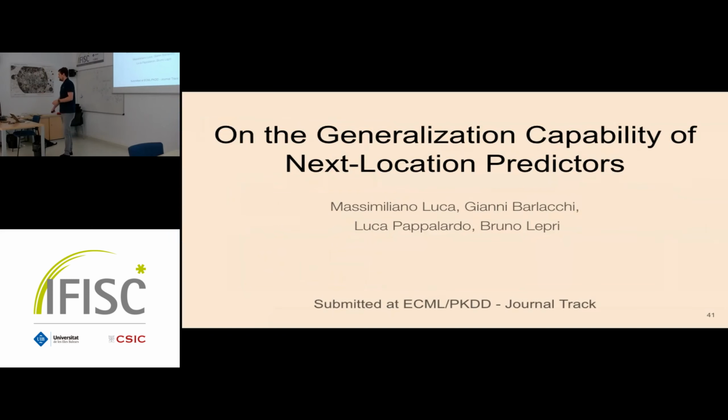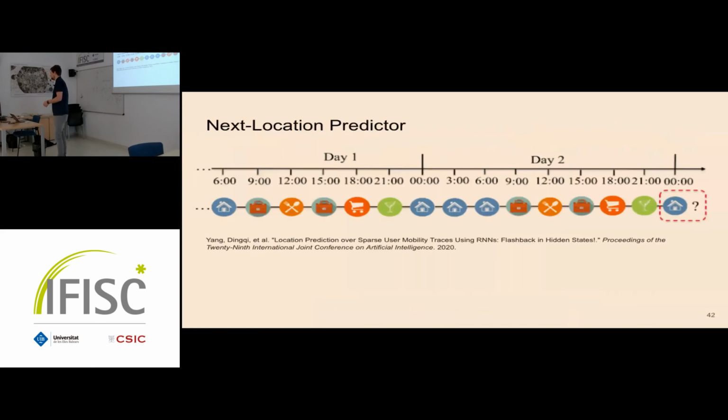There is this paper that we submitted to a journal track of a conference a couple of months ago, and it can be found on arXiv, where we try to understand whether next location prediction, this algorithm that I mentioned, can generalize or not. So basically, I have a trajectory and I want to understand where a person will go next, and whether it can be transferred to a new scenario or not.